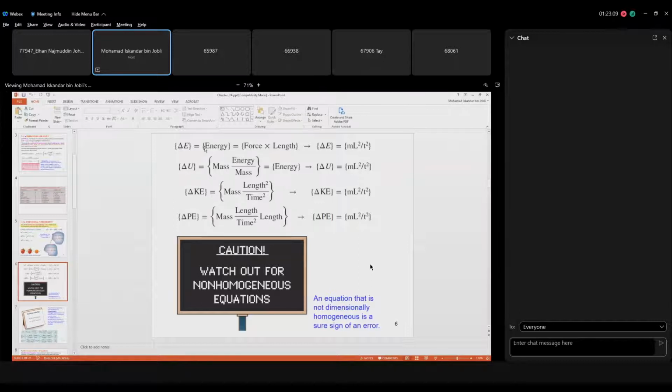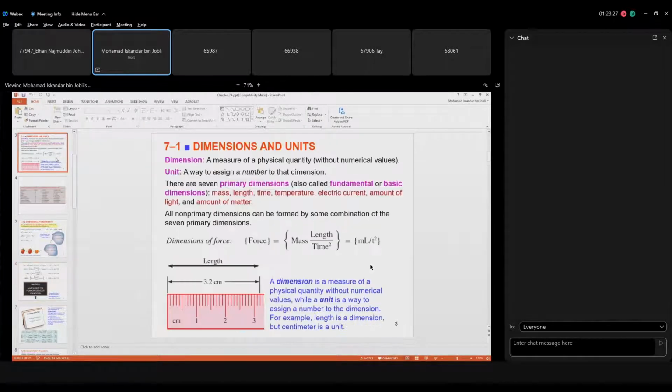Energy is defined as force times displacement, or length. I repeat, energy is defined as force times displacement. Now, force, I think we have developed force earlier on, right? In this slide, force and its primary dimension, we expand the force into m and a, acceleration.